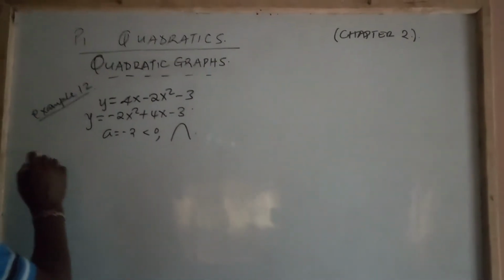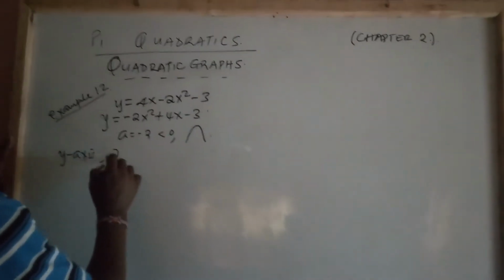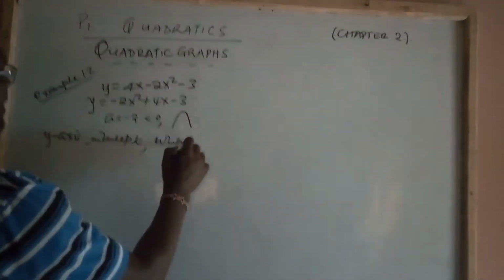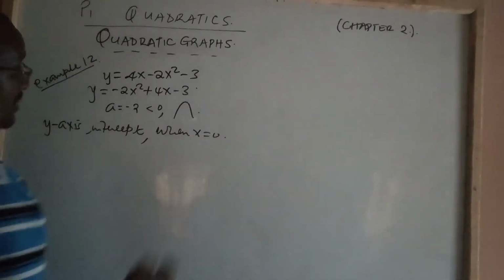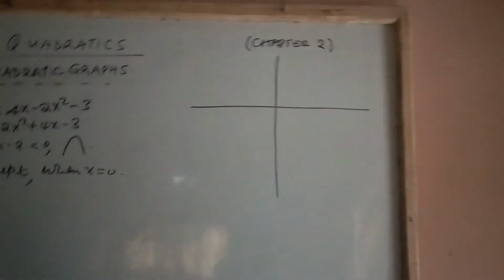Let's talk about the y-axis intercept. It happens when x is equal to 0. At that point, we need to come up with a set of axes here so that we can detail how we find it.